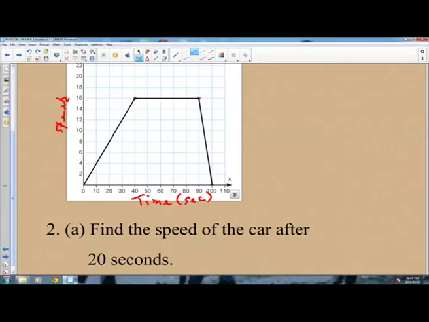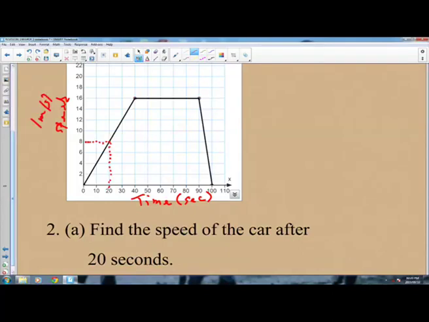So we go to 20, then go up. When we meet the line here, you go horizontally. And this is what we get. So according to this, after 20 seconds, the speed of the car will be 8 meters per second, because the speed is given in meters per second.